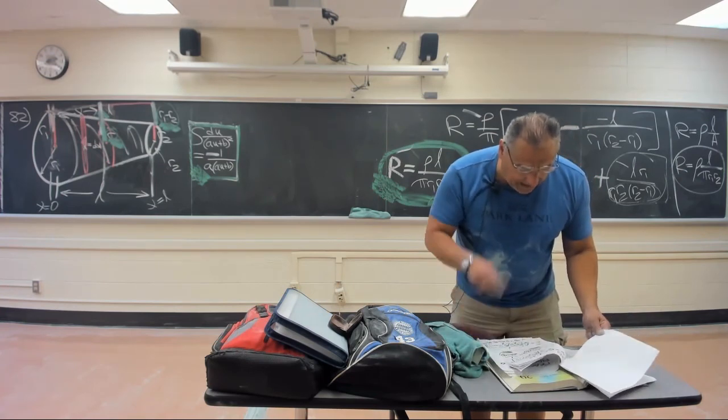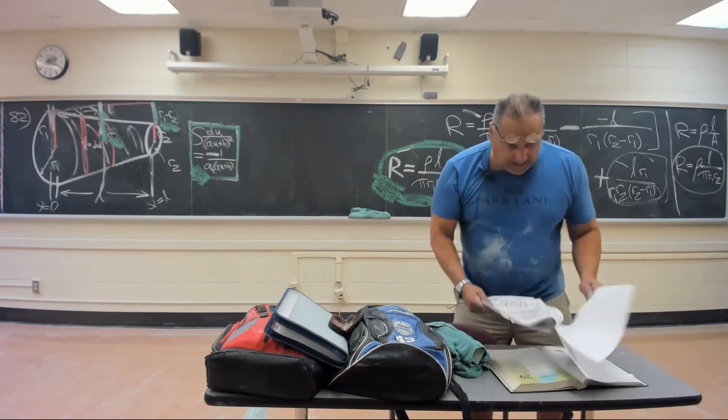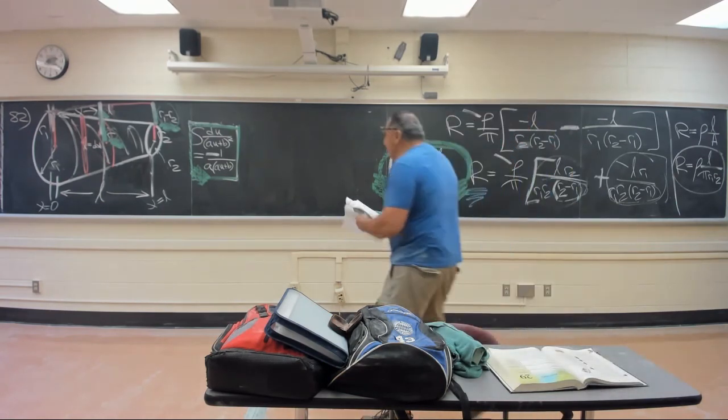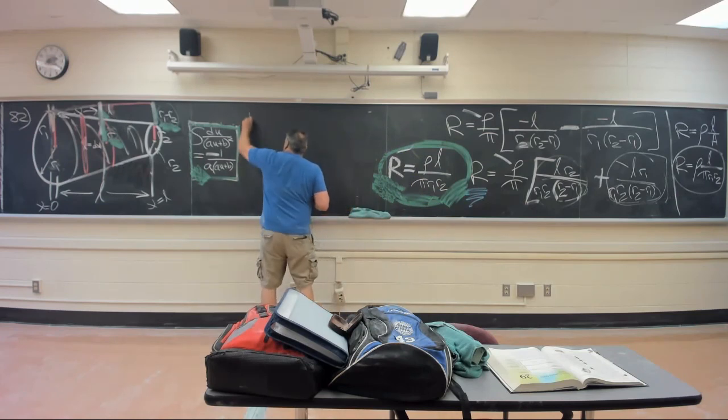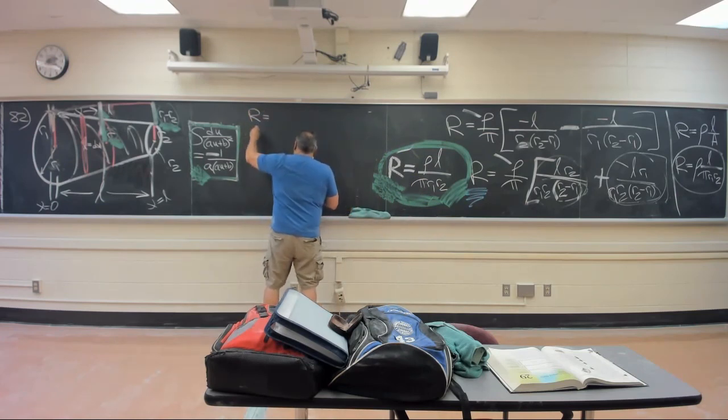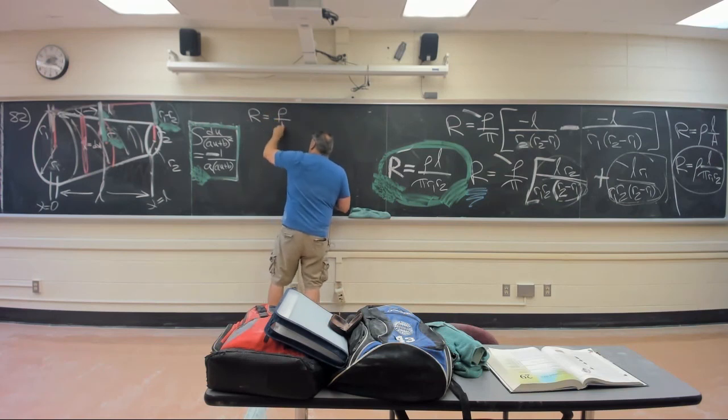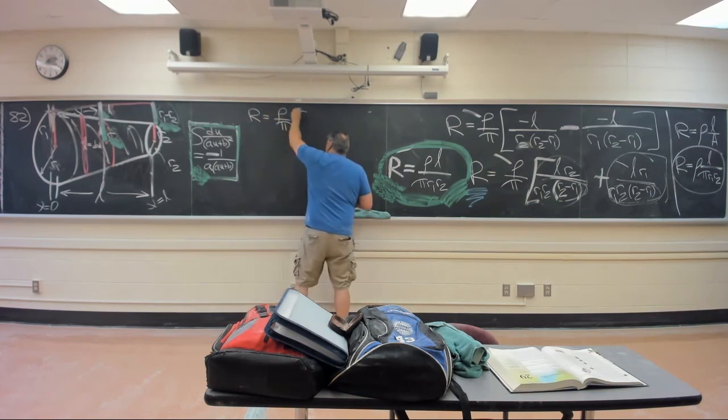Right off the bat, if they're saying give me the integral of what I was doing here, guys, R equals rho over pi. This is fine so far. Didn't get crazy yet.